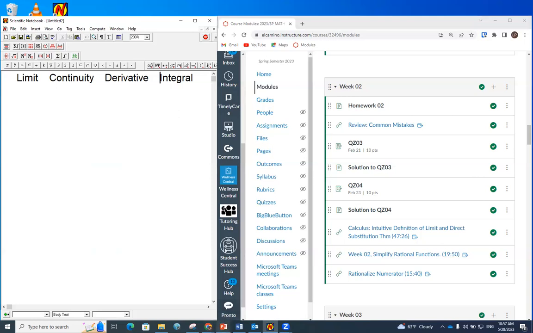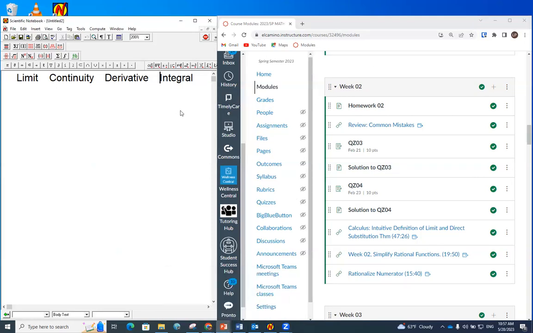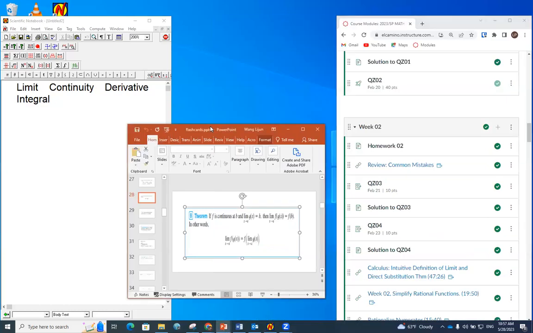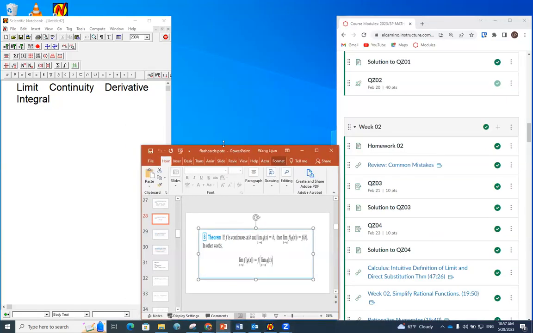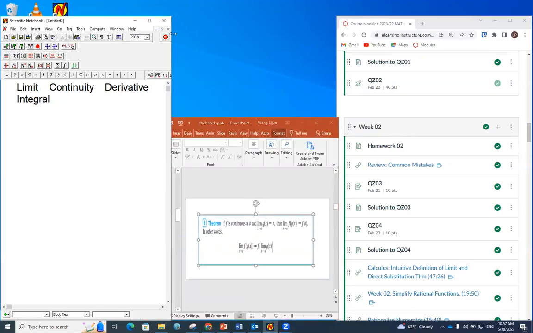Let's see if we can share the screen. We'll have a share screen. Just one second. New share. So all three.